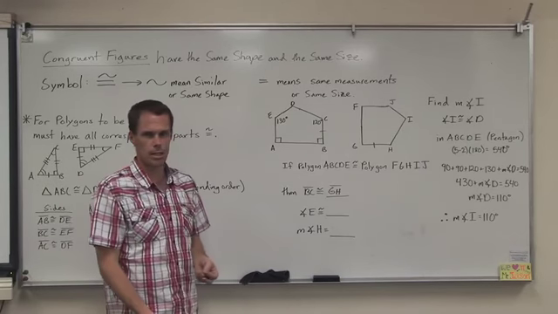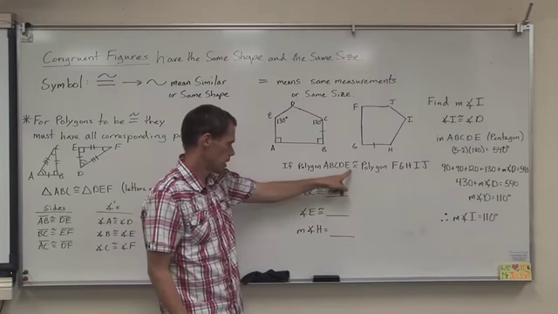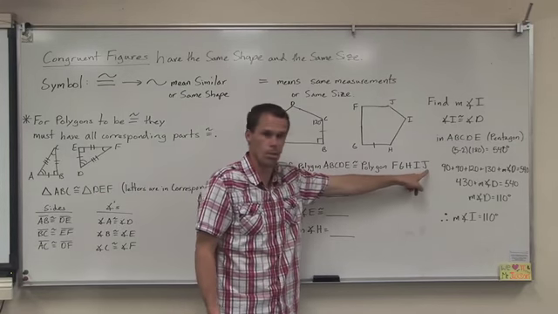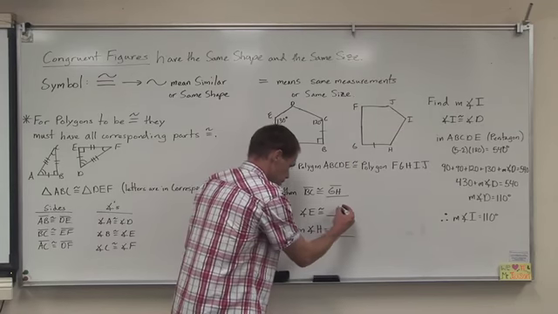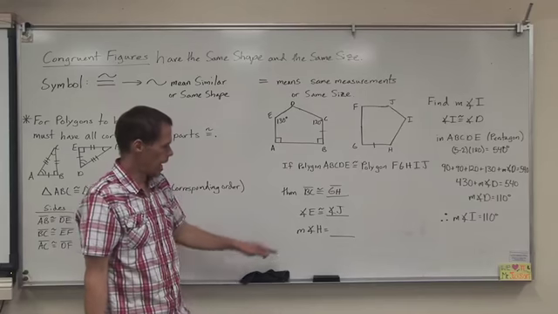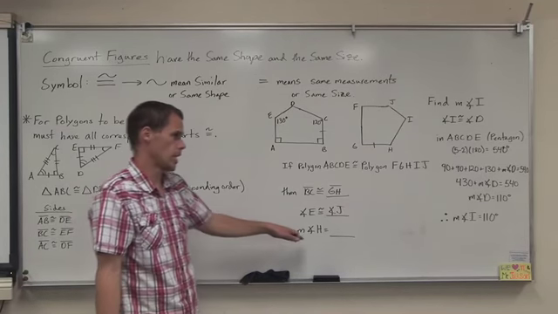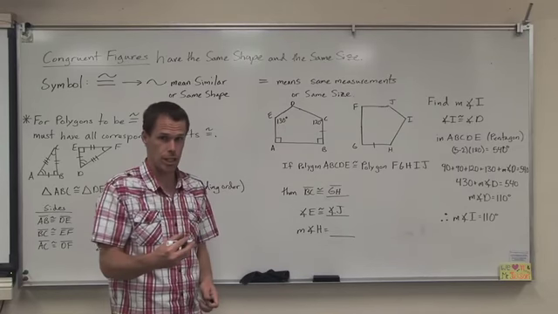How about angle E? You should be thinking about this by now and know what it is. Angle E is congruent to, it's the last letter, so the last letter corresponding, J. Angle J. Finally, I have a question here that says, what is the measure of angle H? And what is it equal to? There are two answers to this question.